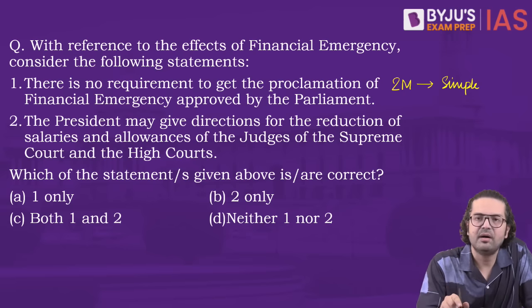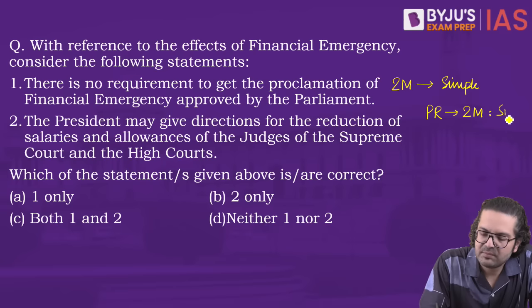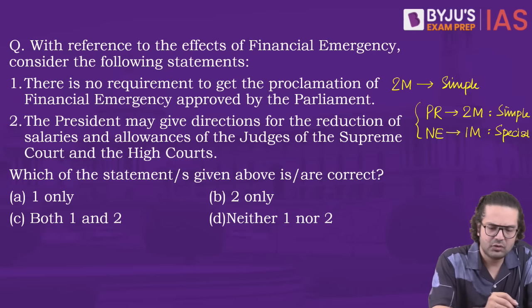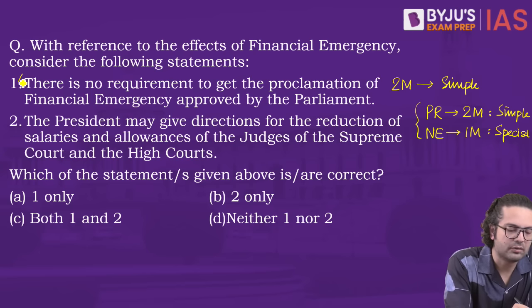The same approval is needed for President's rule also. Within 2 months, with a simple majority, and for a national emergency within 1 month with a special majority. So 1 is actually wrong.